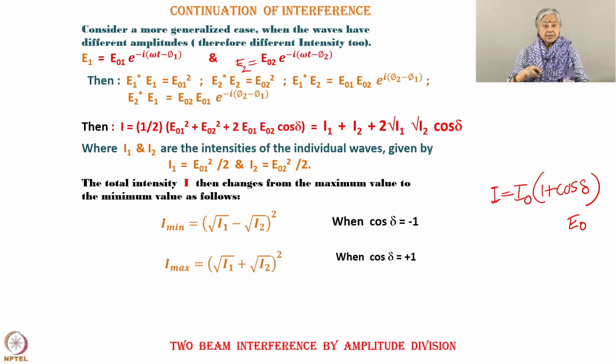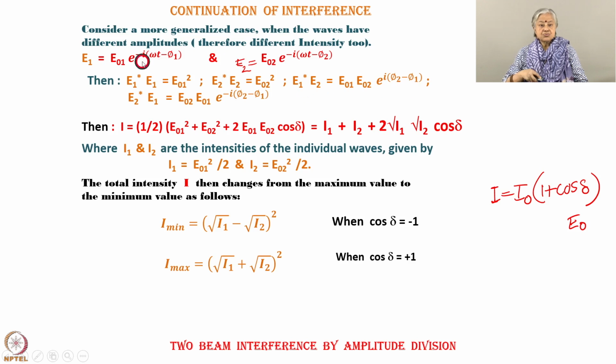So now, E1 star E1 will be E01 square, and E2 star E2 will be E02 square. That means it is the square of their individual amplitudes. Then E1 star E2 is equal to E01 E02 e to the power i (phi 2 minus phi 1).